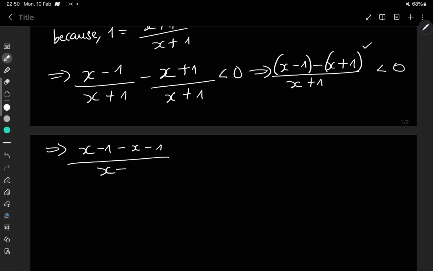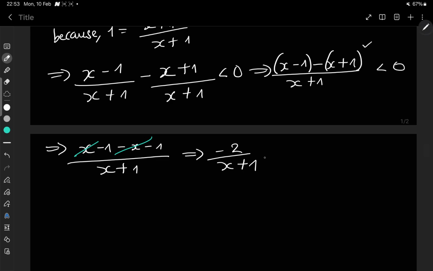The plus x is going to cancel out minus x, so what we have remaining will be minus 1 minus 1, which gives us minus 2 all over x plus 1 less than 0.